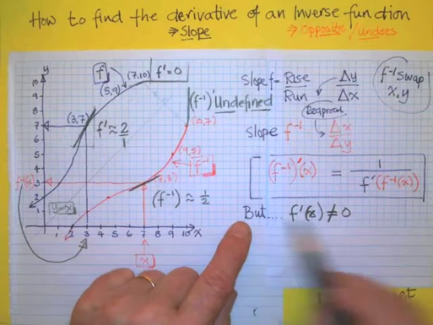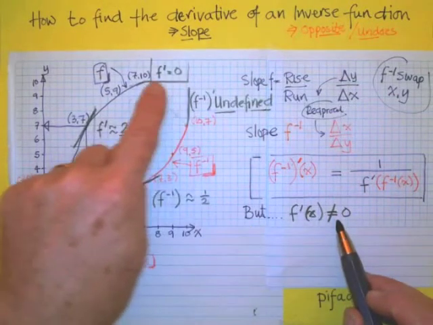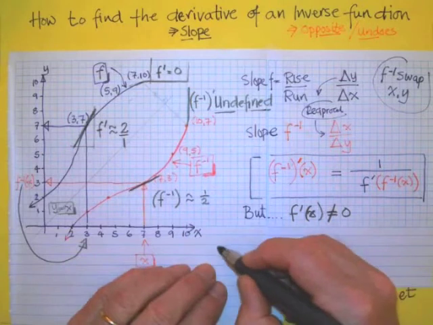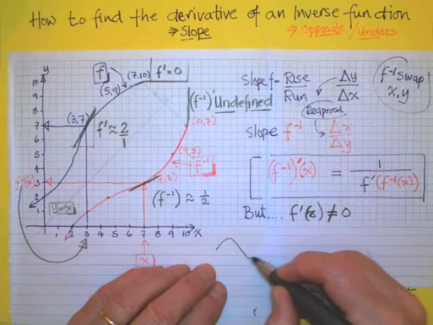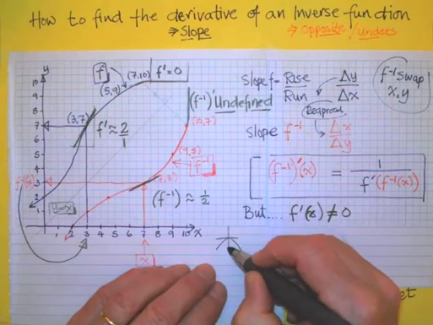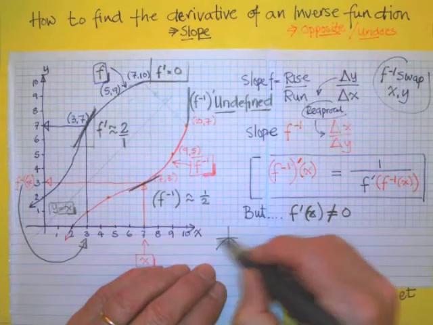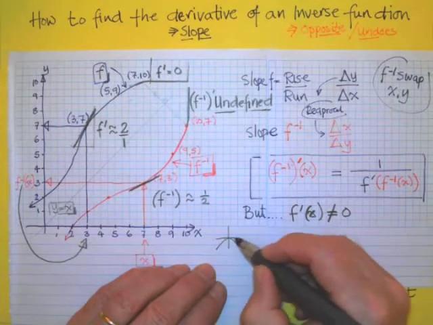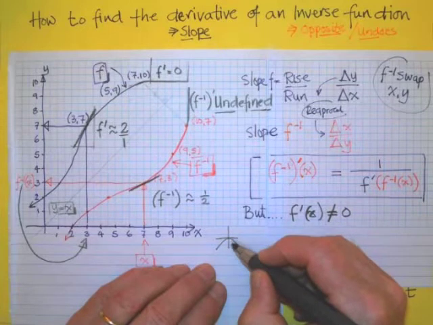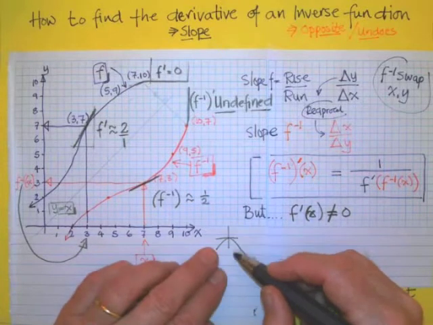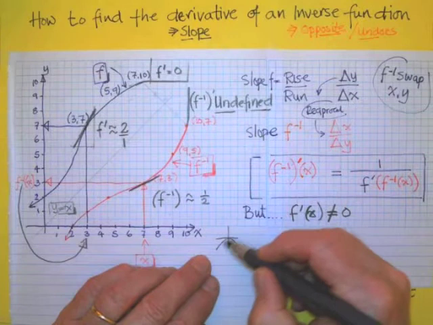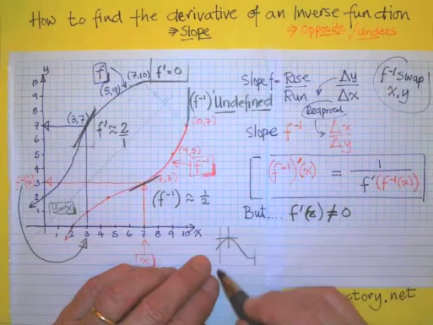So we can't have here any flat lines. So if we've got a function that's doing something like this, we've got here an f prime of 0, well, we have to exclude that on our interval.